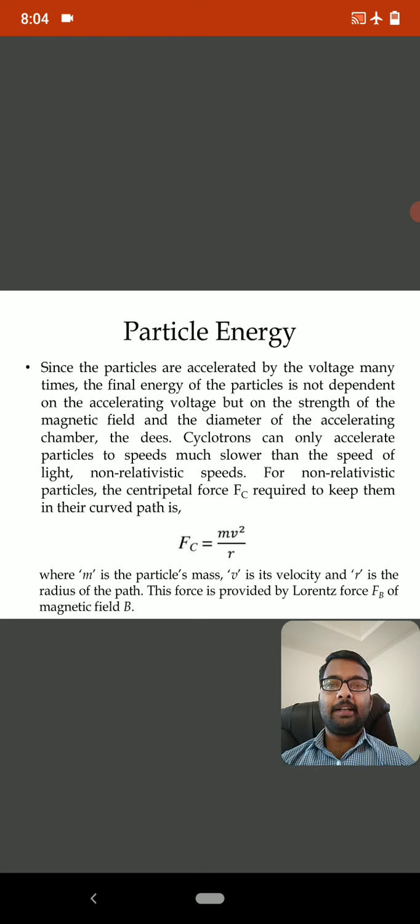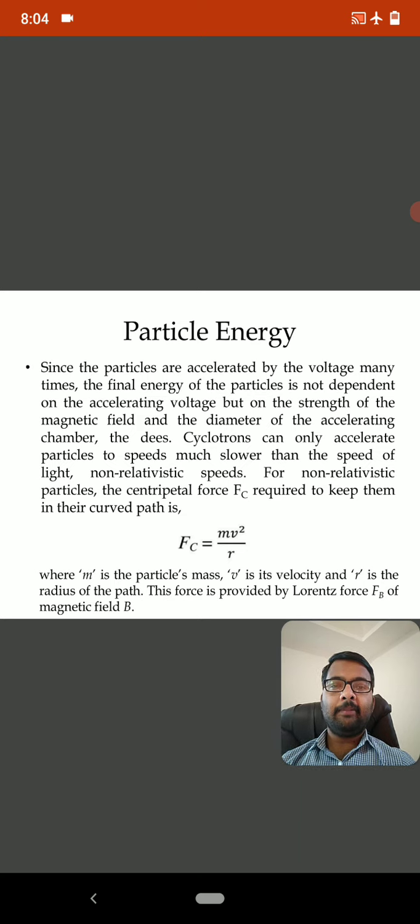So the energy of the particles which can be extracted from the cyclotron is dependent only on the strength of the magnetic field and the diameter of the accelerating chamber, that is the 2 Ds, and it is not dependent on the accelerating voltage.